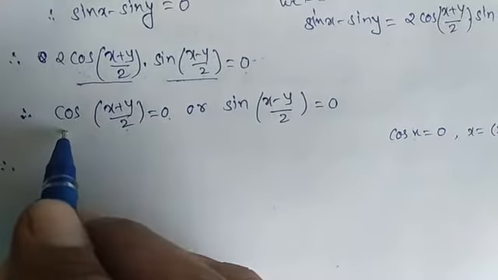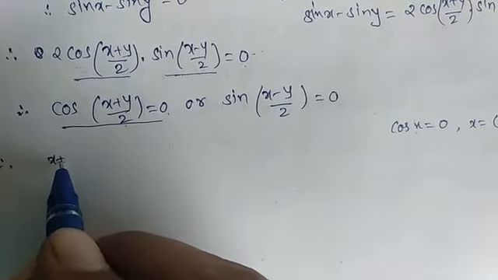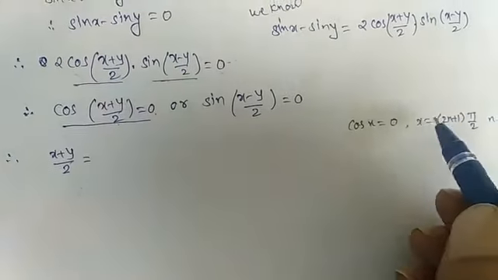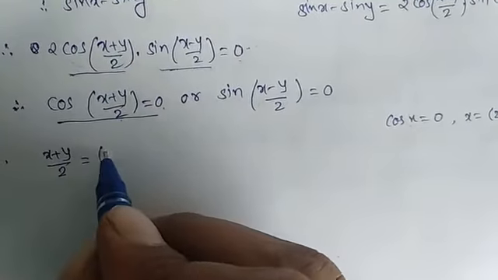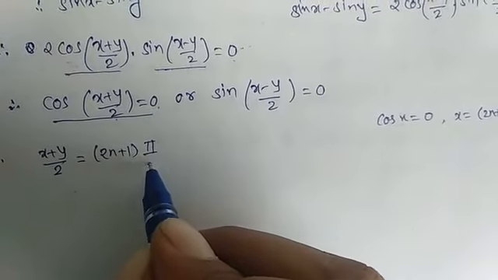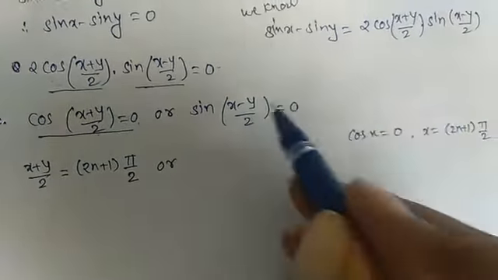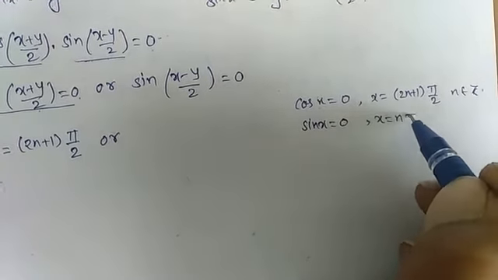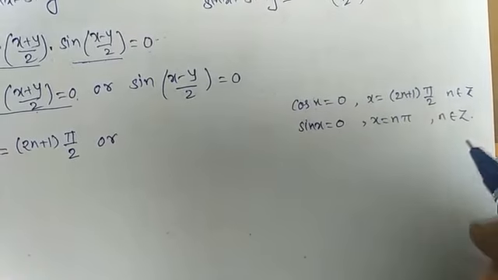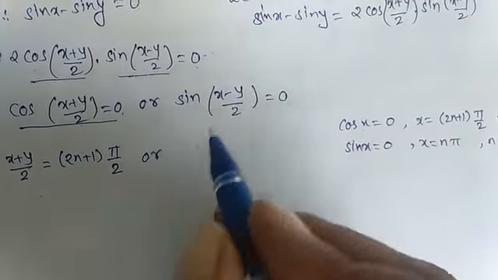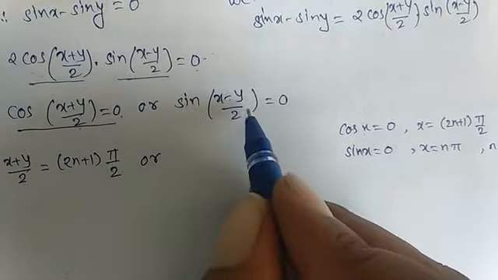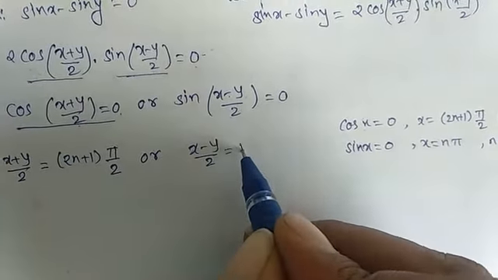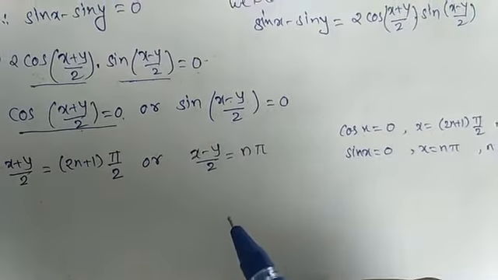So for the first you can write (x plus y) upon 2 equal to (2n plus 1) pi by 2. Or also you know that sin x is equal to 0 for x equal to n pi, where n belongs to Z. So for this also it can be written, here x is (x minus y) upon 2, so (x minus y) upon 2 is equal to n pi.